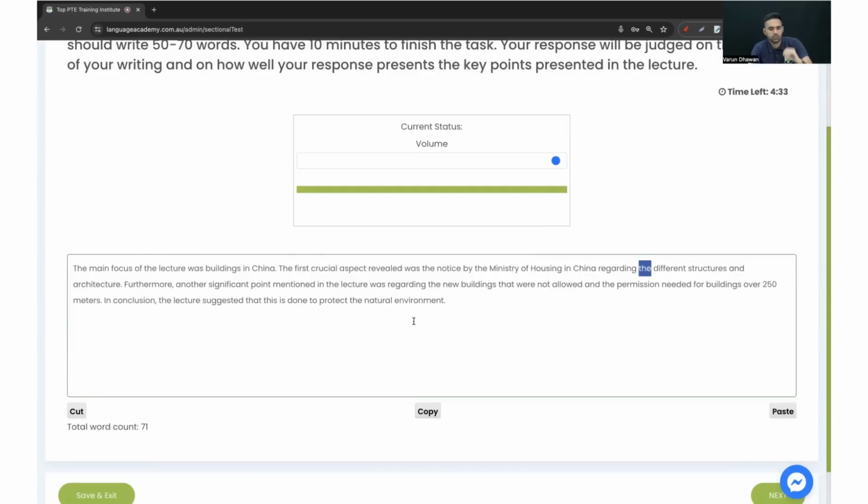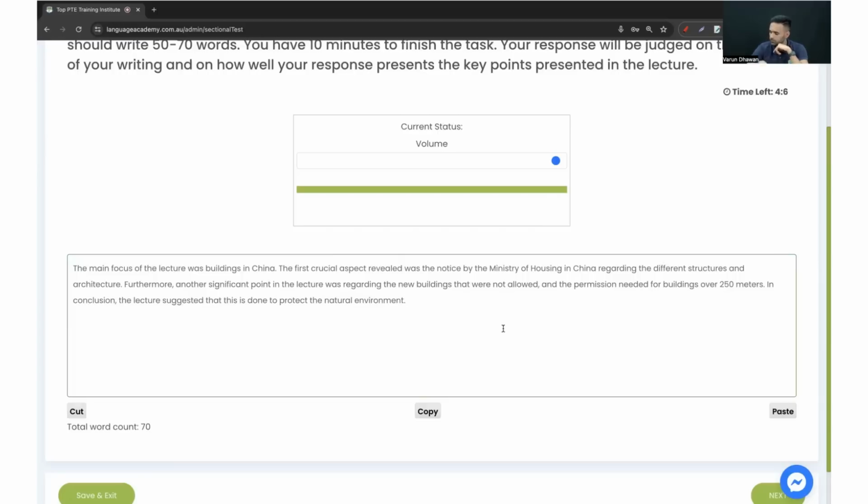Furthermore, another significant point in the lecture was regarding the new buildings that were not allowed. We need to have a comma before "and" if the phrases before and after "and" are not connected. So regarding the new buildings that were not allowed, and the permission needed for buildings over 250 meters.